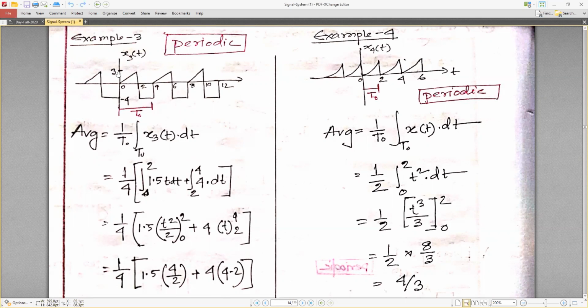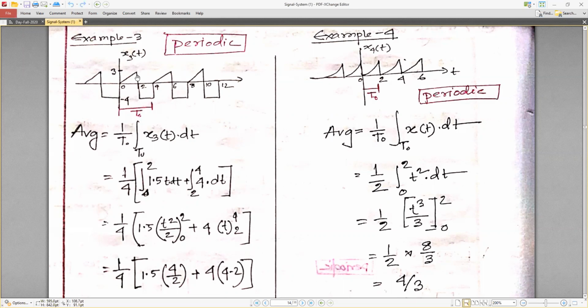So here you have to consider the difference, 3 minus 4. Here the minus 4, and if we consider 0 to 2, here is a minus 4, and here minus 4 to 3.